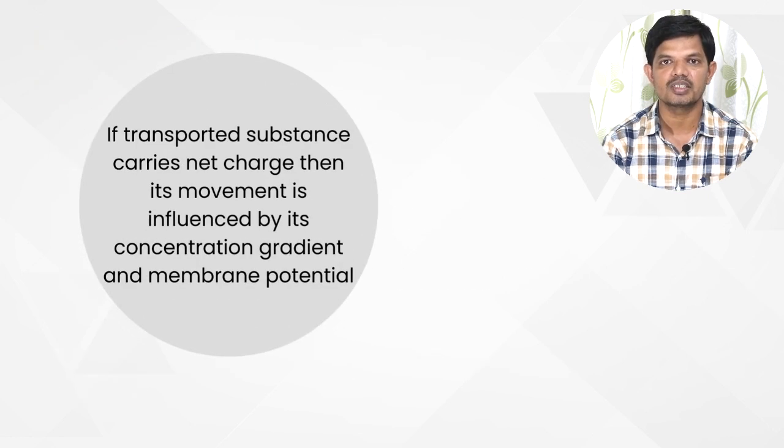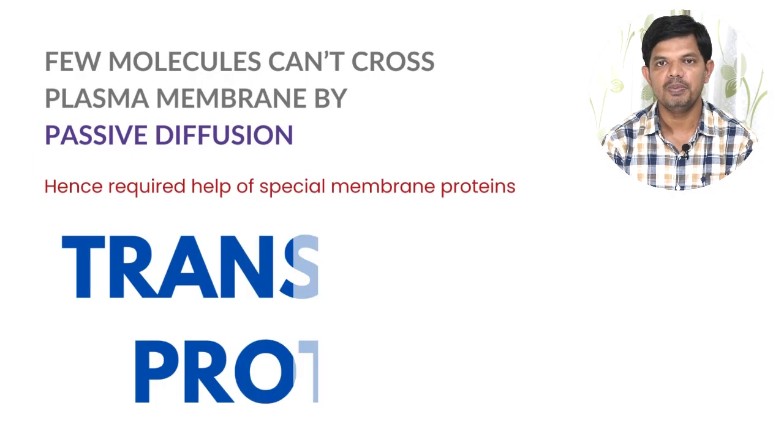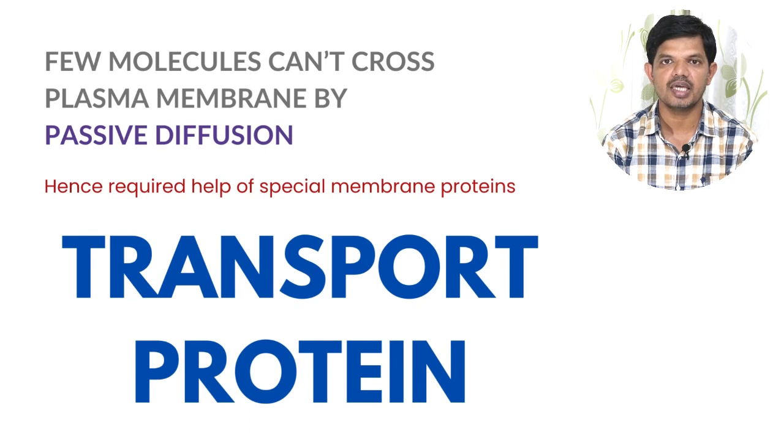If a transported substance carries a net charge, its movement is influenced by both its concentration gradient and the membrane potential. Very few molecules and ions can cross a pure phospholipid bilayer or the plasma membrane by passive diffusion.